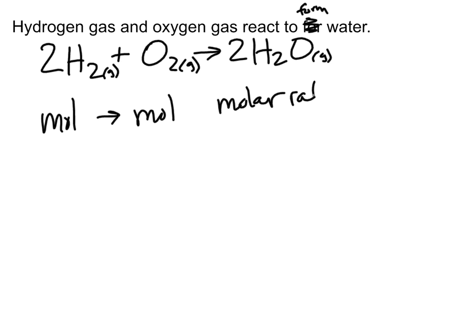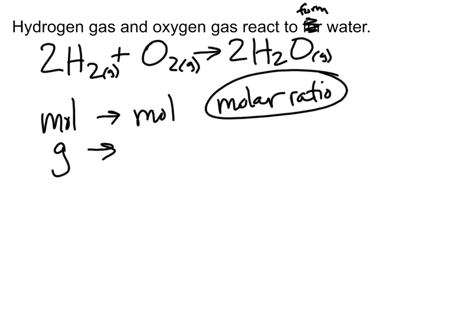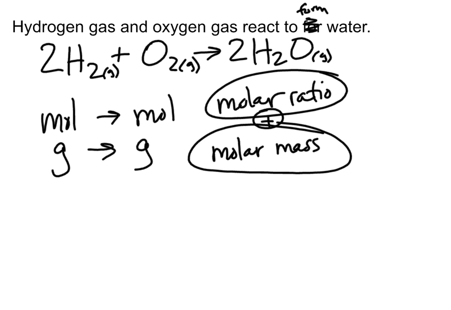If I'm going from grams to moles, or moles to grams, in addition to the molar ratio, I'm also needing one additional piece of information, and that is the molar mass of whatever substances I'm looking at. And of course, I can get that from the periodic table.